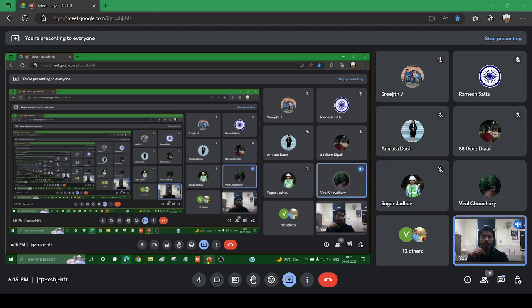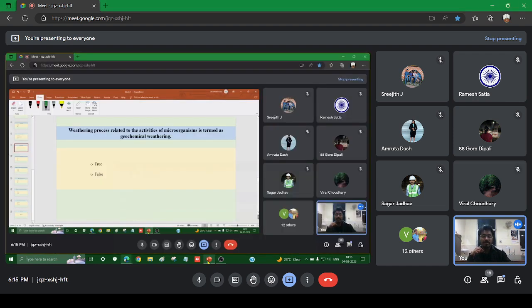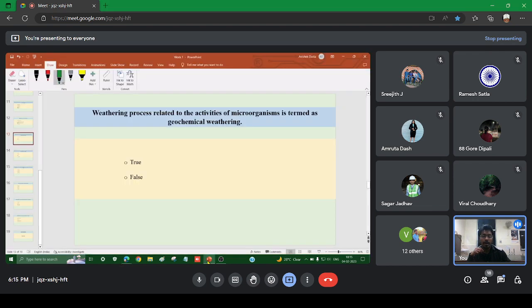So for microbial action, it is obvious that physical and chemical weathering are very much dominant. They dominate over the microbial weathering, but this also has an effect. And now the correct term is, as someone said here, biological weathering.